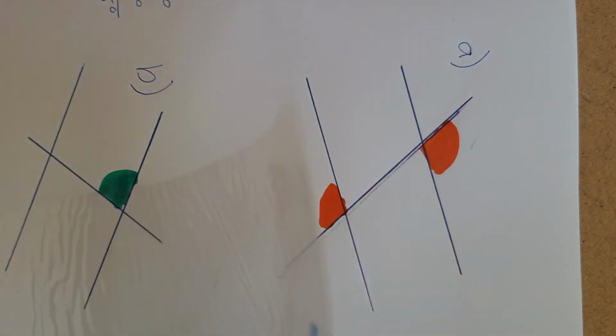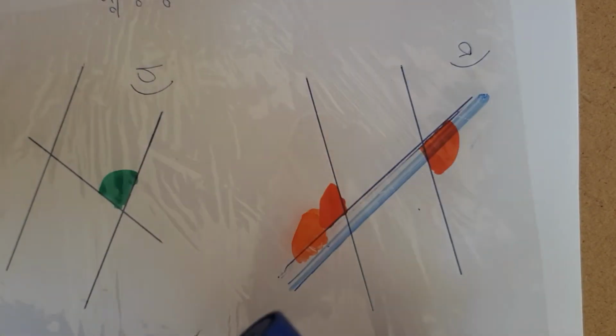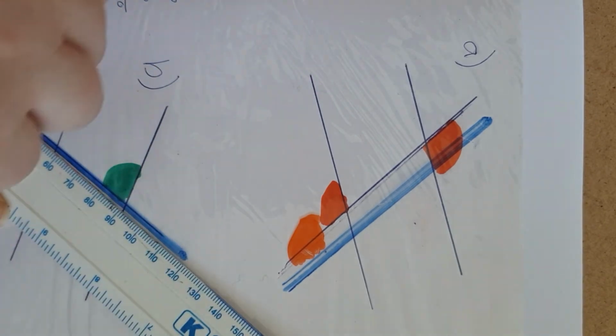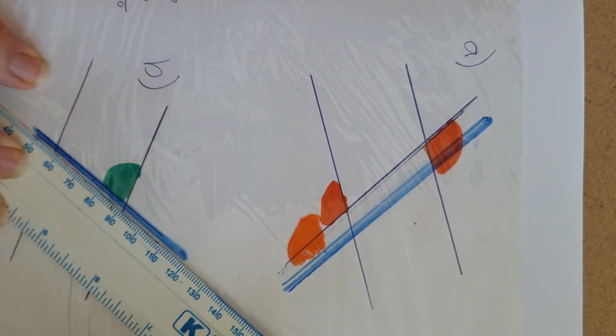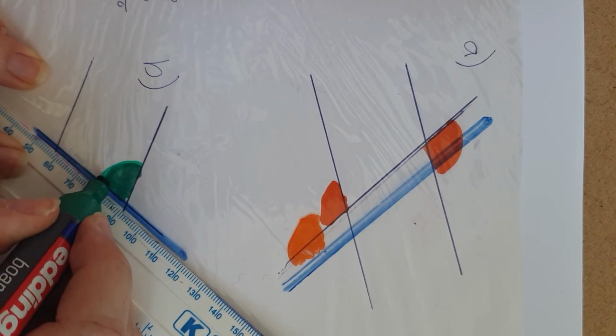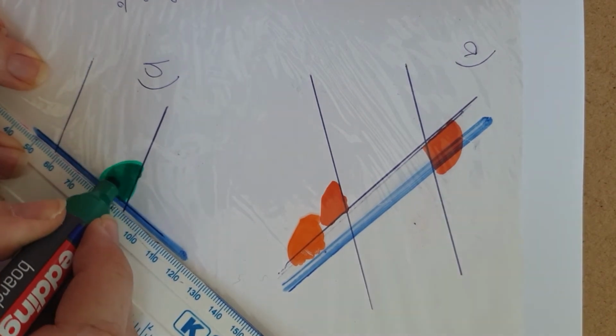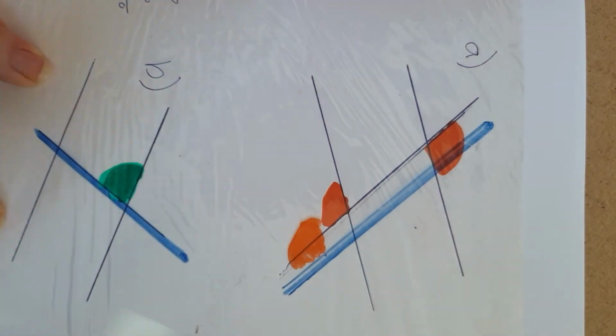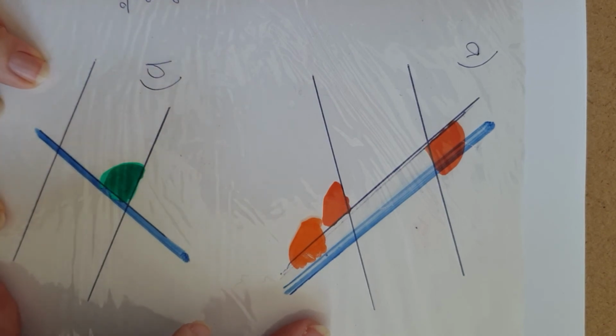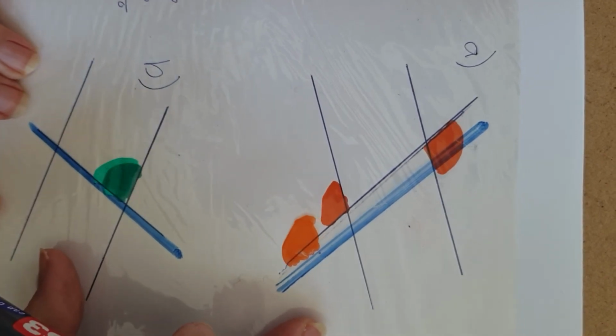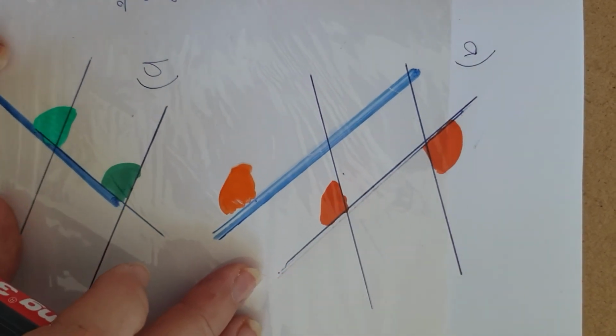Same principle here. Again, I'm not doing the whole diagram. I'm doing the line which cuts across, and I'm doing the angle that we're looking for. Okay, concentrating on B now. Again, put it down, down it goes.